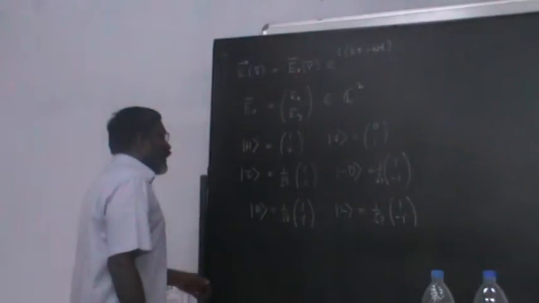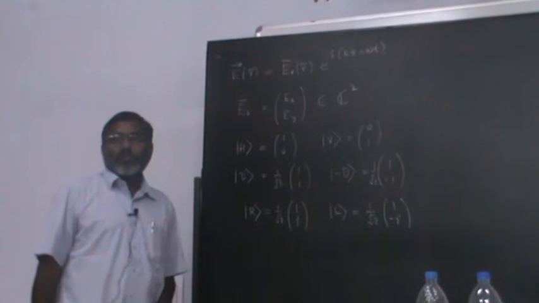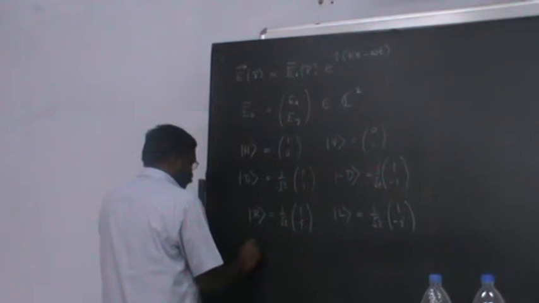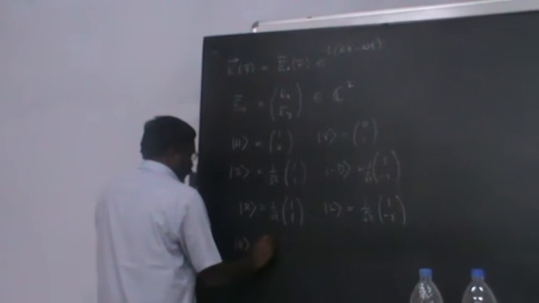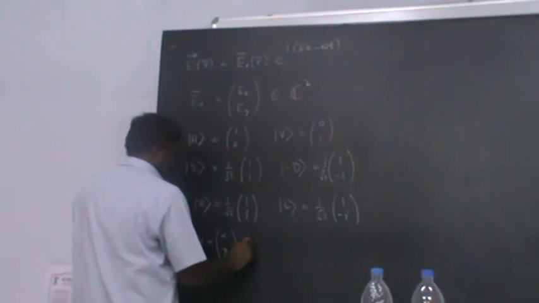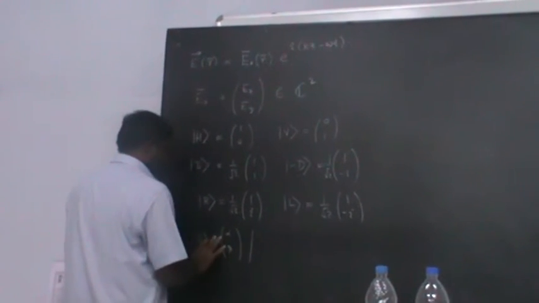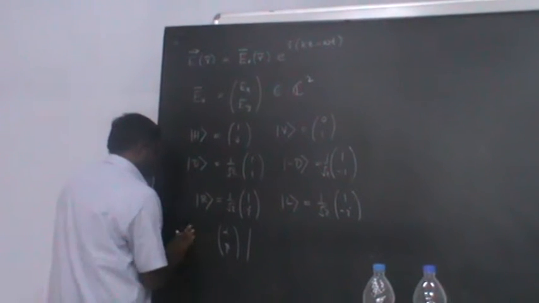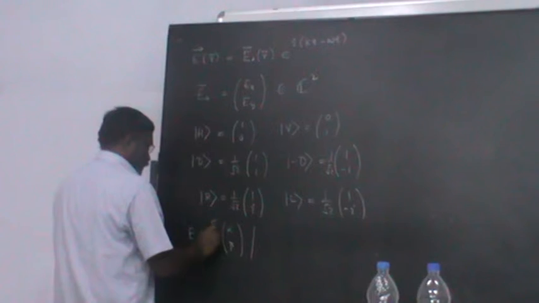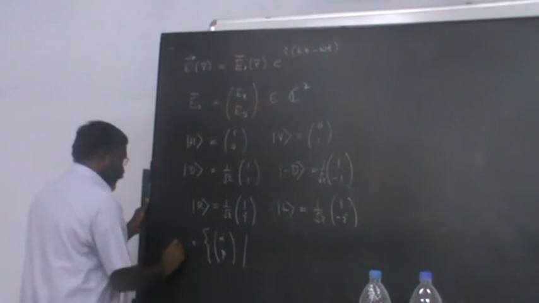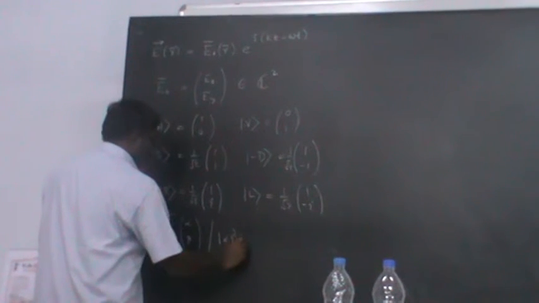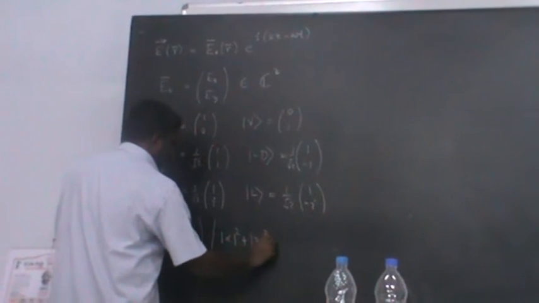Now, take any alpha and beta, such that alpha square plus beta square is equal to 1.